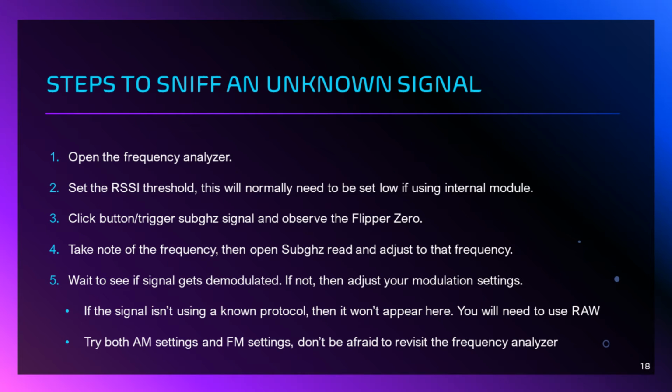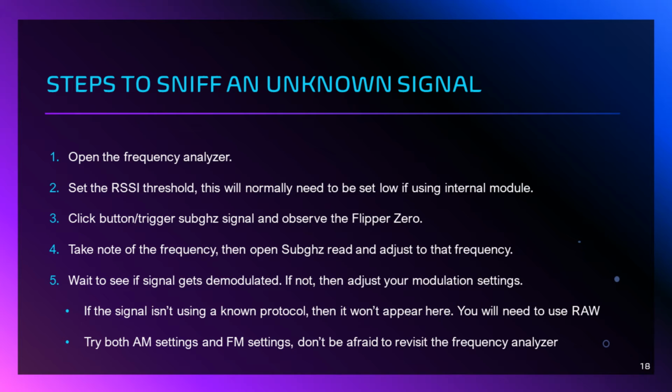The steps to sniff an unknown signal. First thing you're going to do is open up your frequency analyzer and set the RSSI threshold. If you're using the Flipper without any external modules, then you're going to want to set the RSSI threshold fairly low. This is because the receive range is not very strong on the base Flipper, and if you set it too high, you're not going to be able to detect anything.